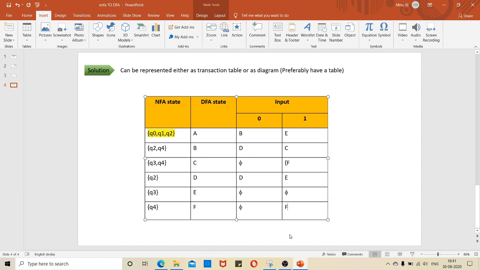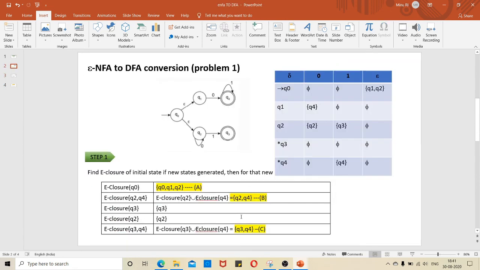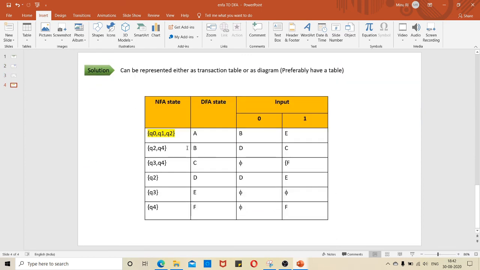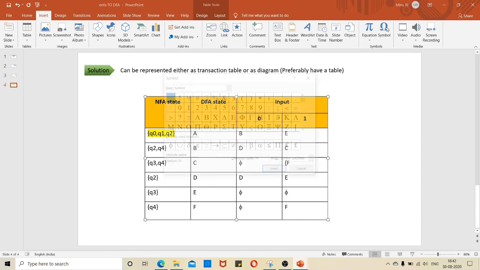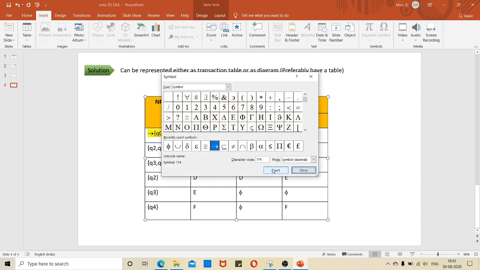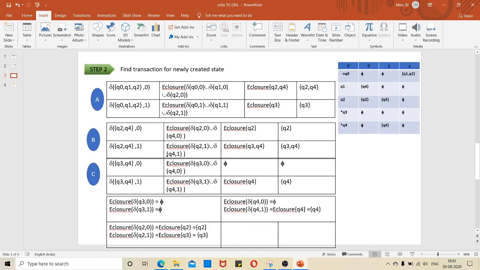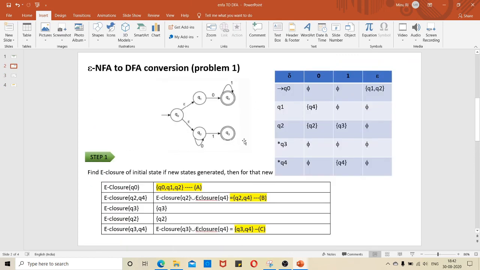Now I need to say which is the initial state and which is the final state. From this NFA diagram, we know that Q0 is the initial state and Q4, Q3 is the final state. So wherever Q0 comes, that becomes your initial state. So you just put the arrow symbol.